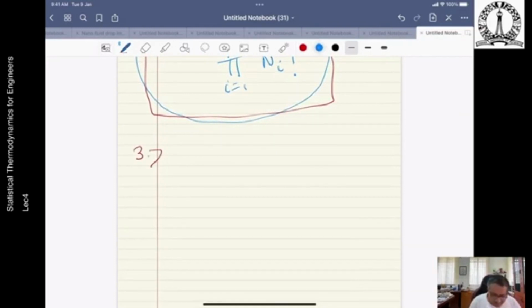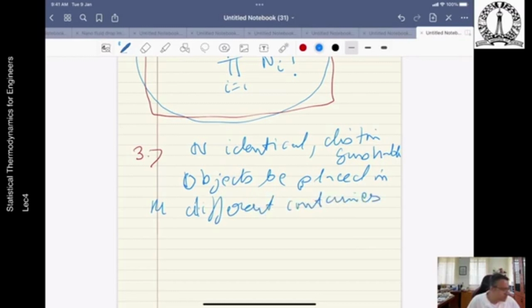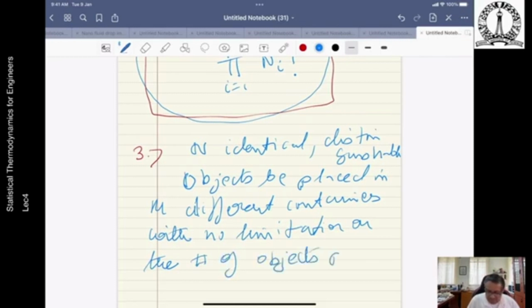In the third question, once again, the question is the same: in how many ways can n identical, distinguishable objects be placed in m different containers, with no limitation on the number of objects per container.